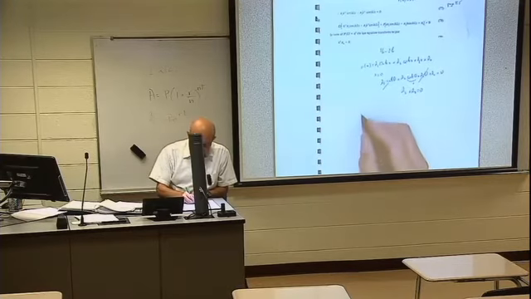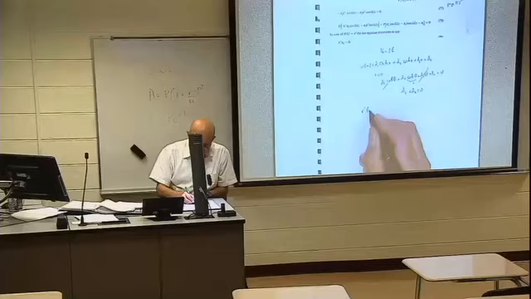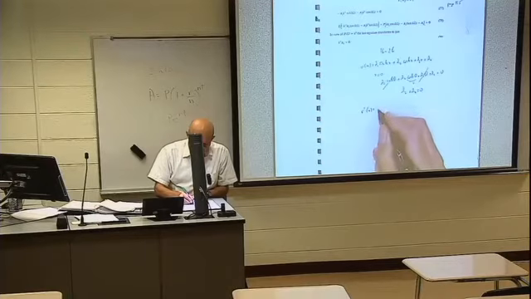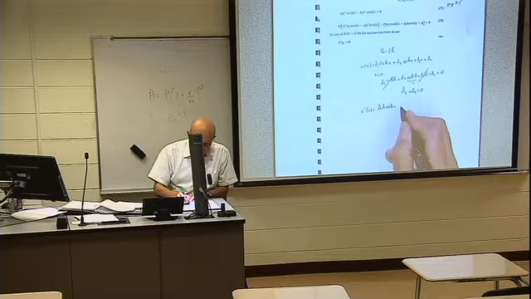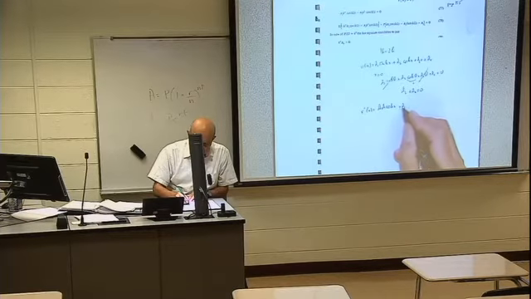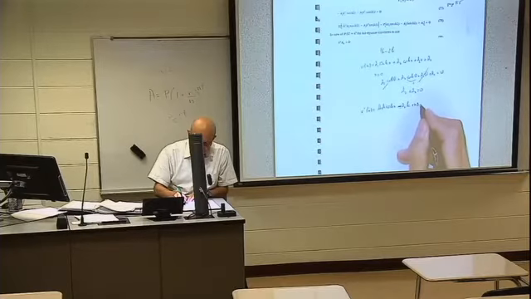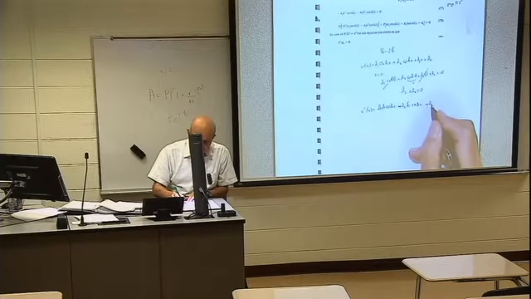Then we have the first derivative, V prime of x equals A1k cosine kx minus A2k sine kx plus A3.